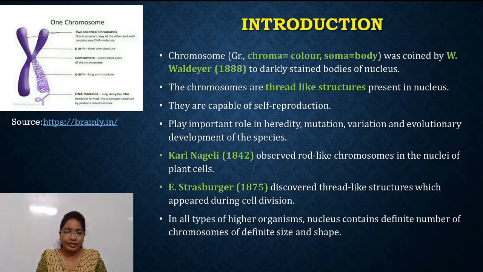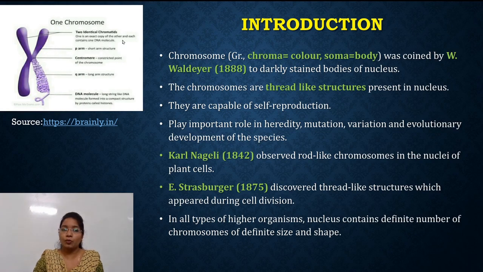Okay, so let's start. So friends, in previous session we have seen the introduction of chromosome. So chromosomes are thread-like structures present in the nucleus and they play important role in heredity, variation, evolution and mutation also.